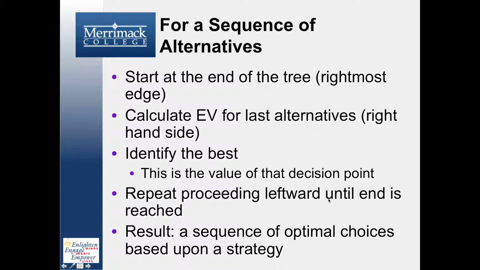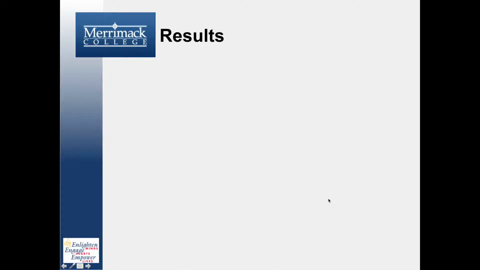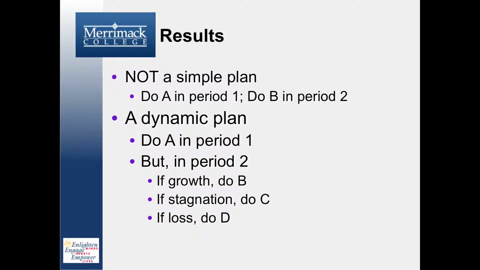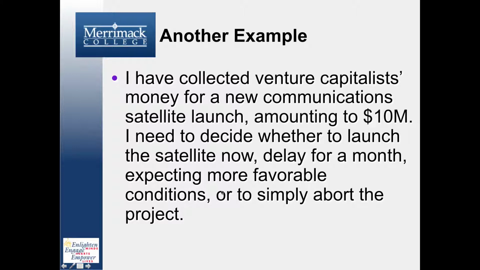So let me give you an example. By the way, this gives you possibly more than one path. It's not a simple plan. It's dynamic. It allows you to see all of the different choices and all the different values in a sequence of choices.